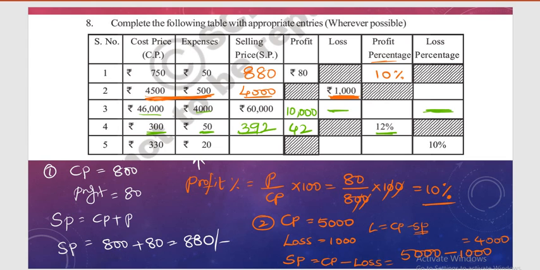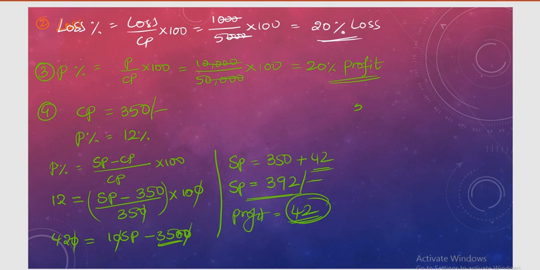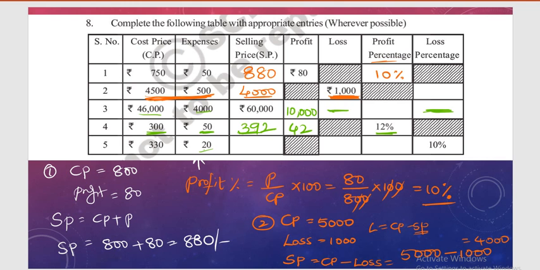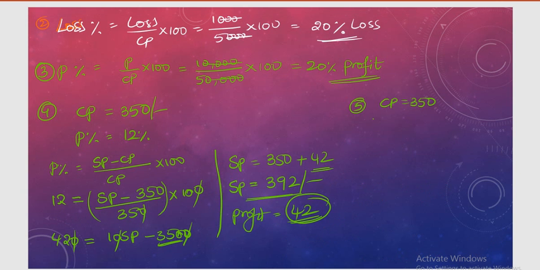Okay, next, the fifth question. Here also the cost price is given as 350 rupees only. Next, we have a loss of 10%. So he has given the loss percentage here.